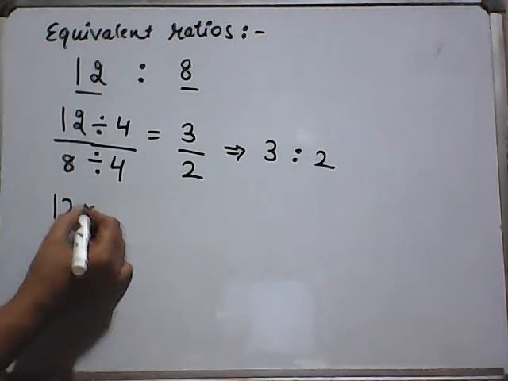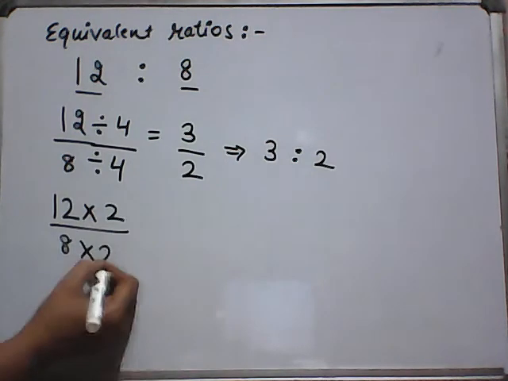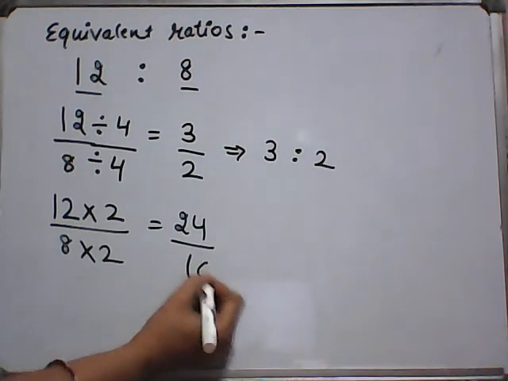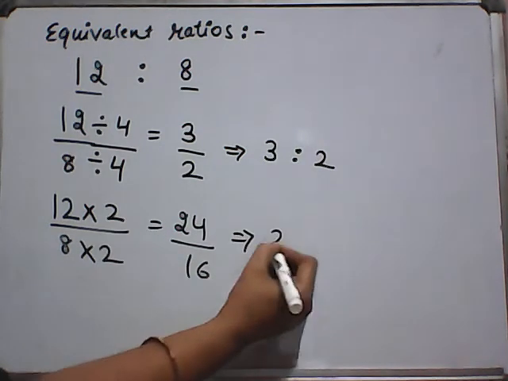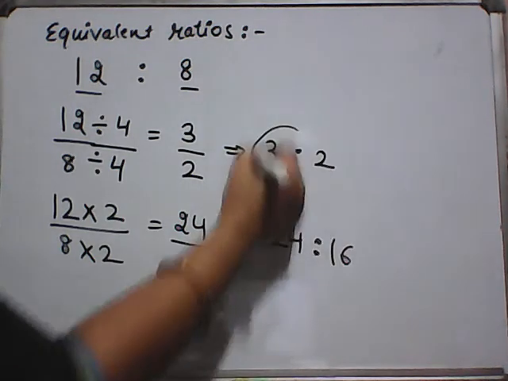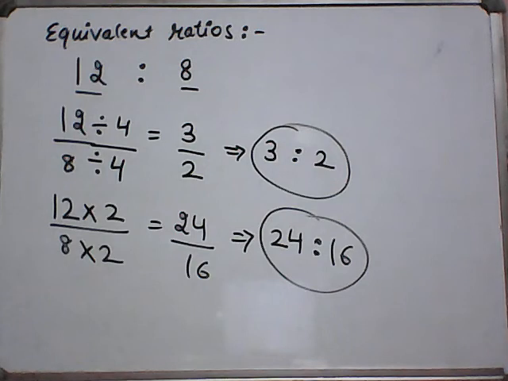If we multiply 12 twos are 24, 8 twos are 16. So, you can obtain 24 ratio 16. Here 3 ratio 2 and 24 ratio 16 both are equivalent ratios of 12 ratio 8. In this way you can obtain equivalent ratio of the given ratio.